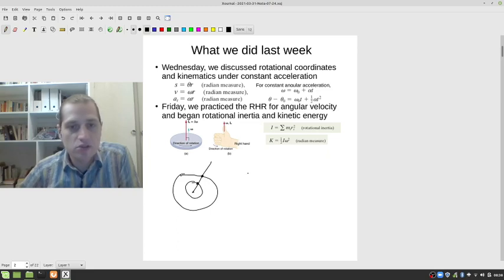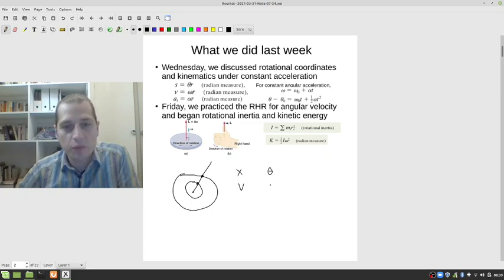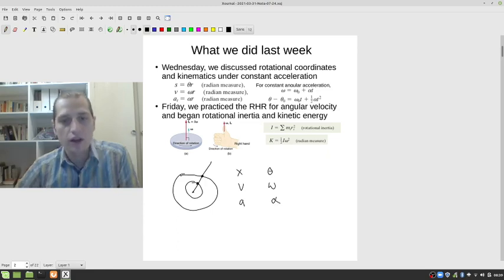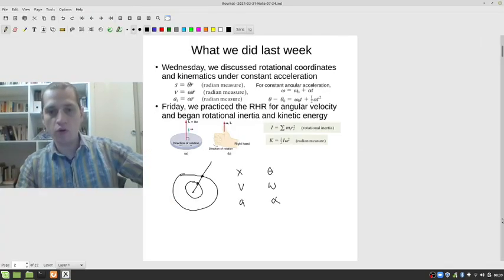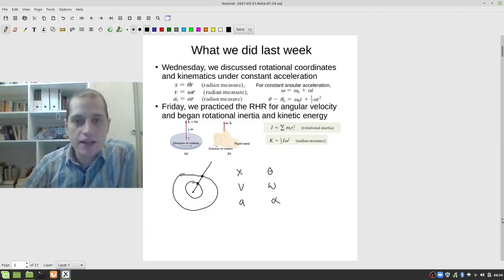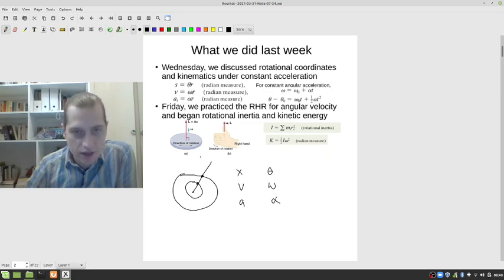So we did this substitution cipher where our x's we replaced with thetas, v's we replaced with omegas, and a's we replaced with alphas. With that substitution cipher, we were able to carry over all of our information about constantly accelerated motion and do it now for acceleration around an axis.